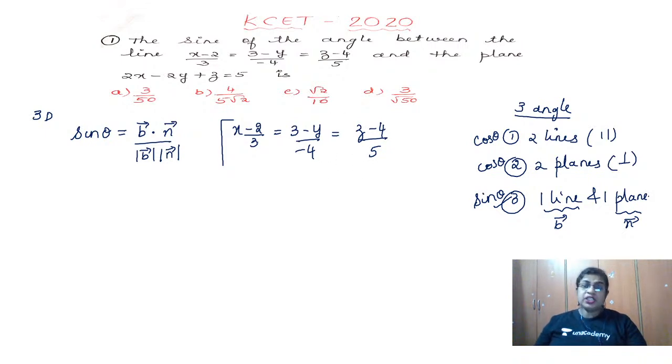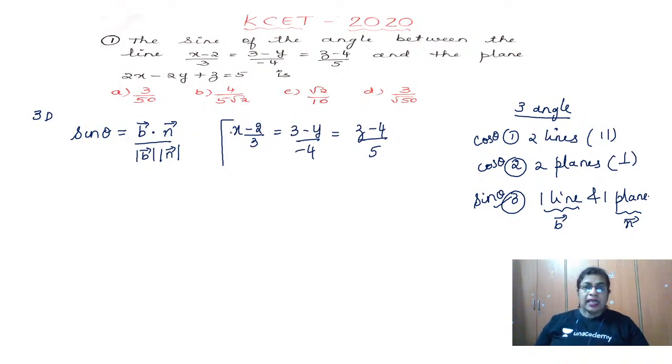The Cartesian form of the line is given. Check whether it is in the standard form. First, we have to check whether it is in the standard form. What is the standard form? (x minus x1) by a is equal to (y minus y1) by b is equal to (z minus z1) by c. Okay, so it has to be in that form.